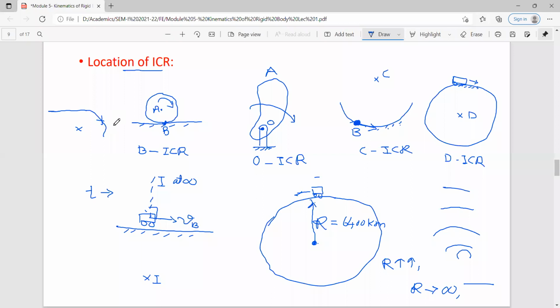So when I will be doing the velocity analysis, based on this center of rotation ICR, जो कि रोड सरफेस पर ही है और अर्थ सरफेस पर है, not the center of earth. If I have to take, see, अगर ये velocity है, velocity of bus I can write it like this: what is the radius of earth and what is its angular velocity of rotating about the earth surface.